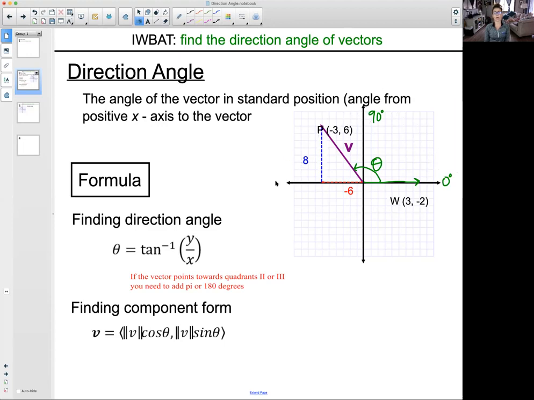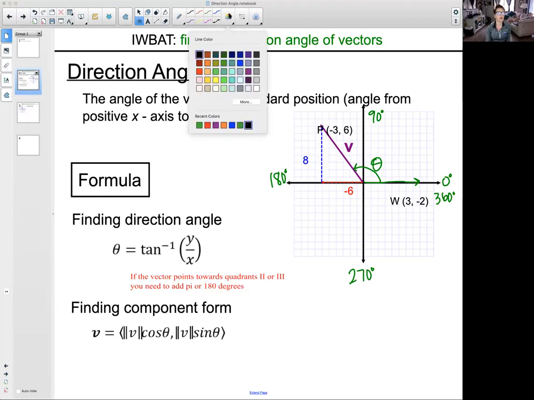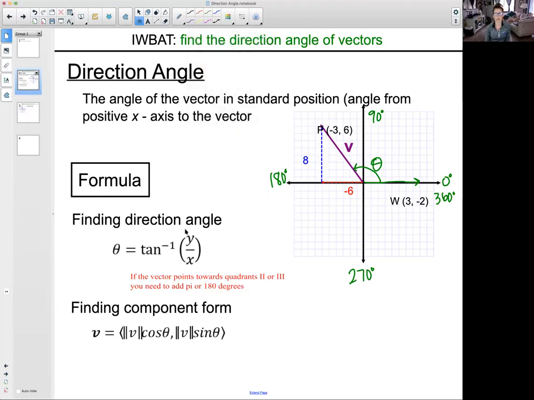Second quadrant, like ours, is going to be between 90 degrees and 180 degrees. And then third quadrant will be between 180 degrees and 270 degrees. Fourth quadrant between 270 and 360. This will allow you to kind of decide if you have any mistakes or if your answer makes sense if you just stop and think about that for a couple seconds before you start going with your problem.